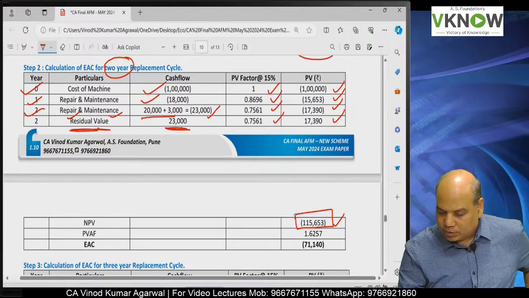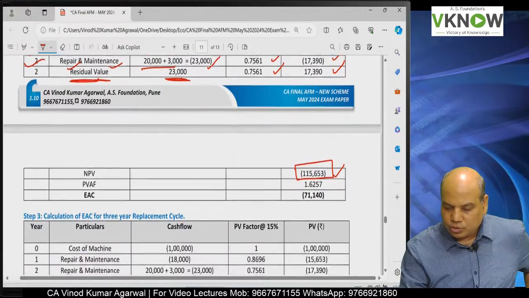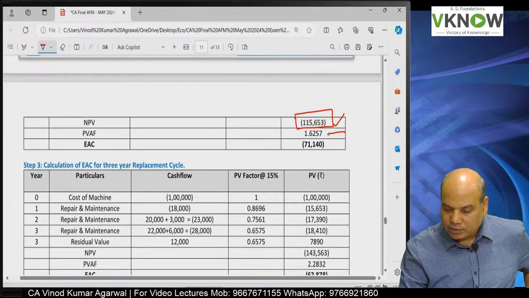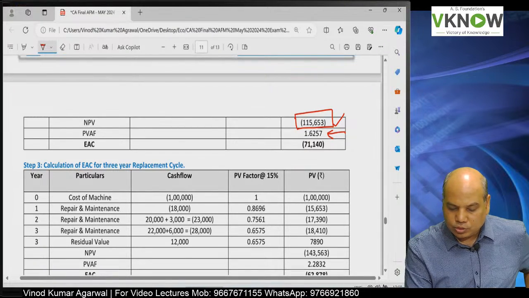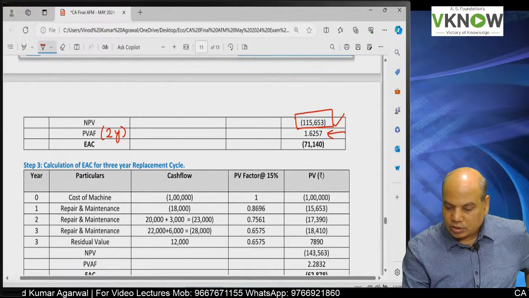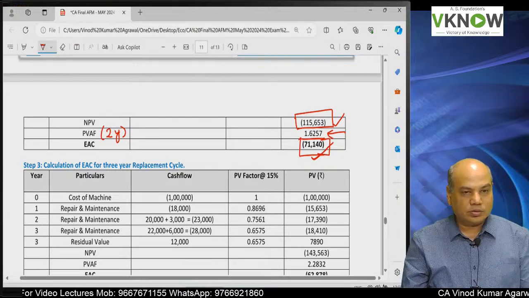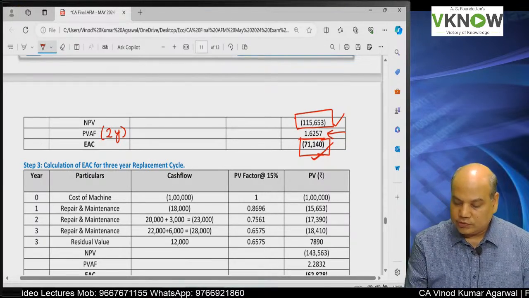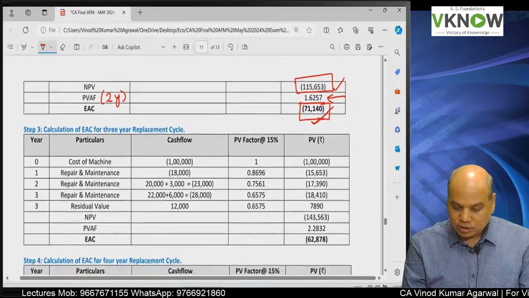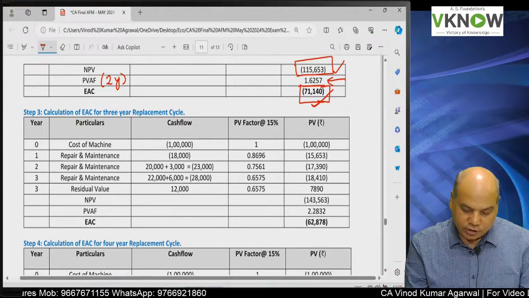This is my NPV for 2 years. Divide by the PV annuity factor for 2 years, 1.6257, and you get the equivalent annualized cost 71,120. It is equivalent to incurring 71,140 if you keep on replacing after every 2 years.